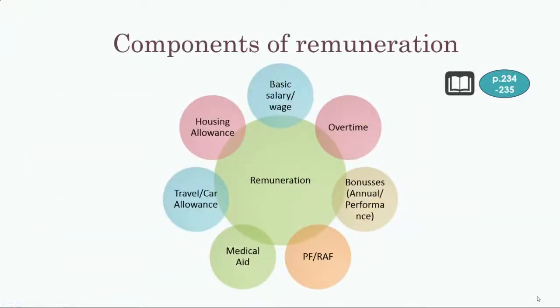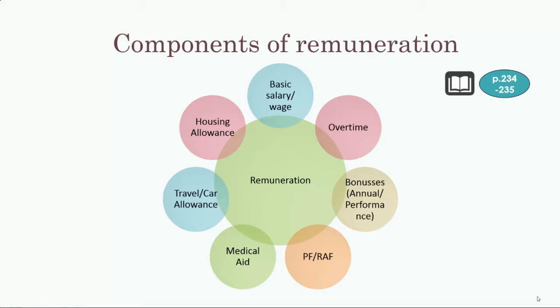Then the components of remuneration. This is what remuneration is made up of, or the different things that can fall into it. So the first thing is your basic salary or wage. If you work overtime and you're allowed to be paid overtime, overtime will also be included. Any bonuses, whether it's an annual bonus or a performance-based bonus, will be included.